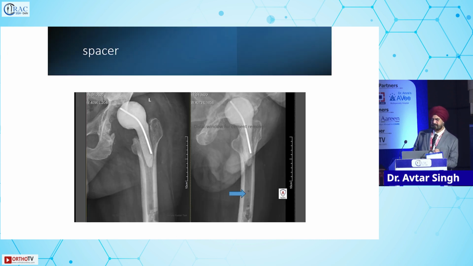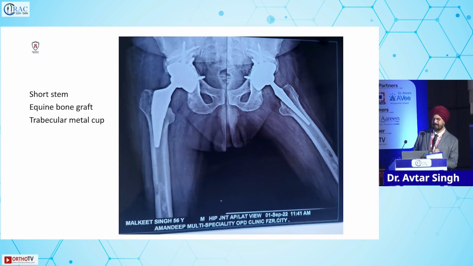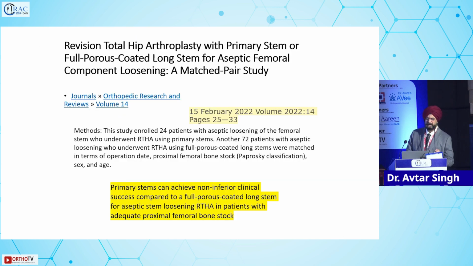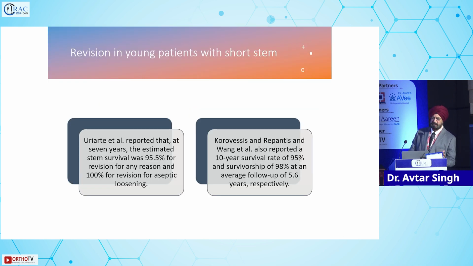Again, 2-stage revisions, and there I used a short stem, and I reconstructed the acetabulum as well using the equine bone, and this is 5-6 years down the lane. And use of a short stem, or the primary stem, for revision for grade 1 to 2 Paprosky is very well documented and supported by the literature. And use of short stem in younger patients for revision is also pretty well supported by the literature, with a very high survivorship of 95% at 5 years.